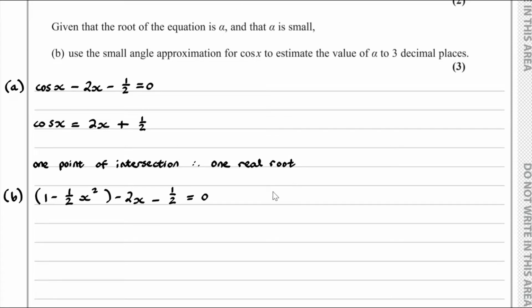And if we multiply through by 2, we have 2 minus x squared minus 4x minus 1 equals 0.